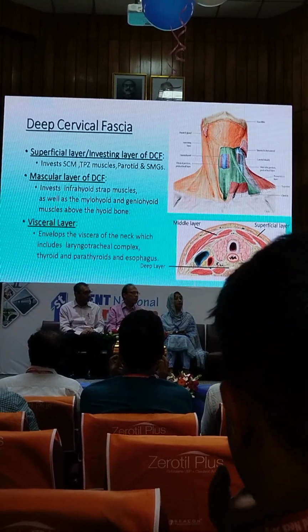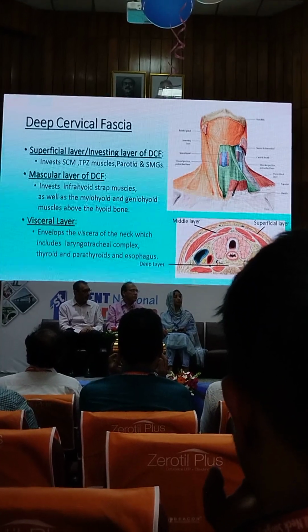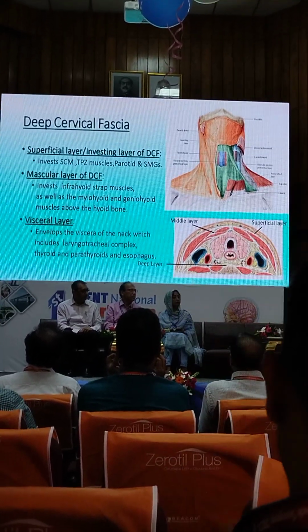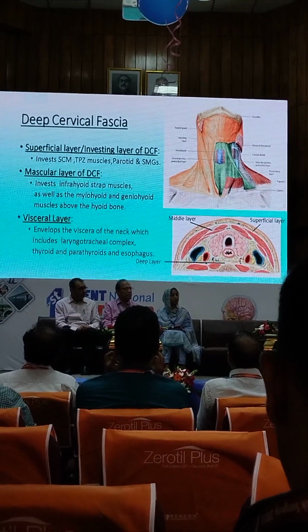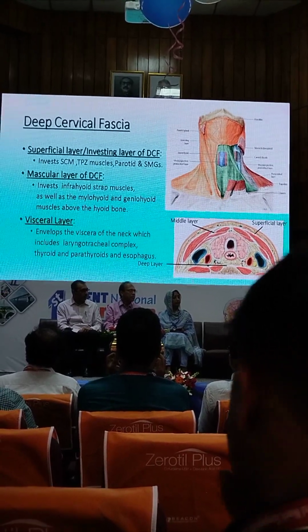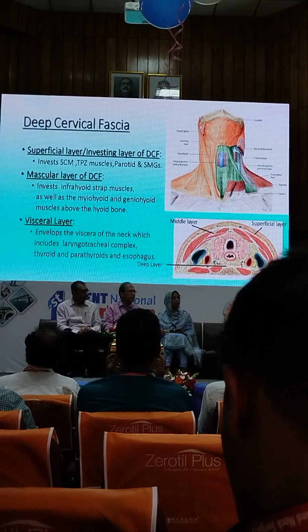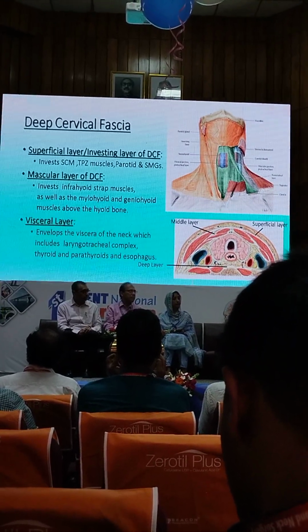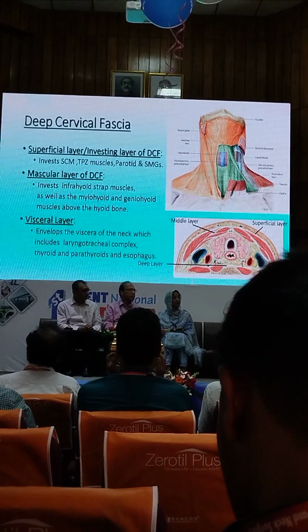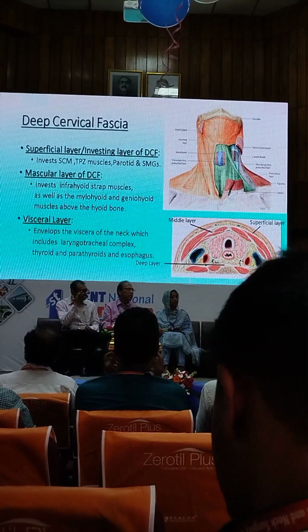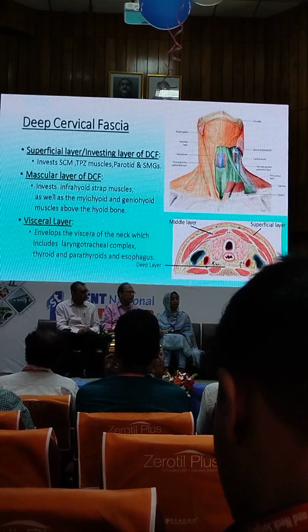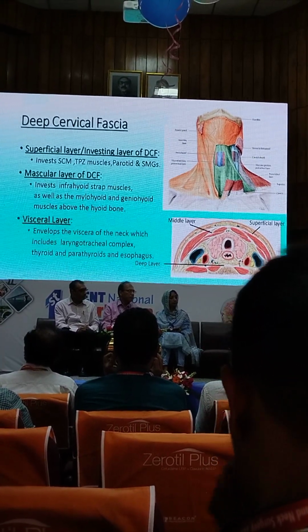And the deep cervical fascia: the superficial layer invests the sternocleidomastoid muscle, trapezius muscle, parotid, and submandibular glands. The muscular layer invests the infrahyoid strap muscles as well as the mylohyoid and geniohyoid muscles. The visceral layer envelops the thyroid, parathyroid, esophagus, and also the laryngotracheal complex.